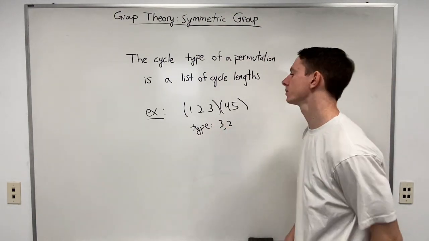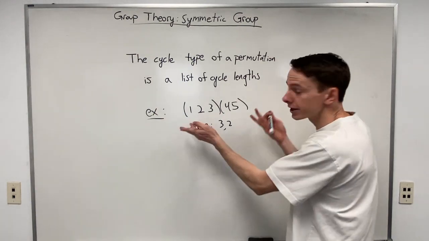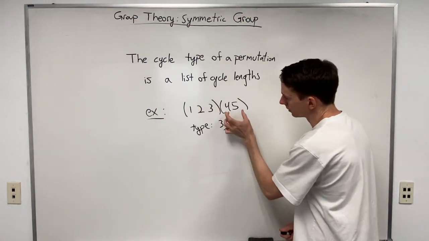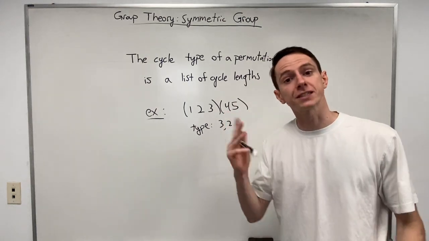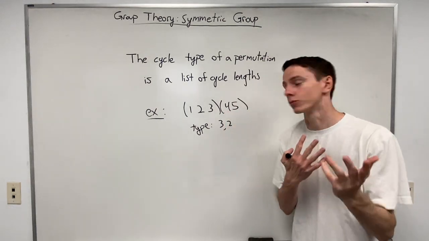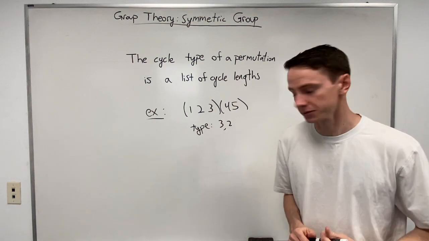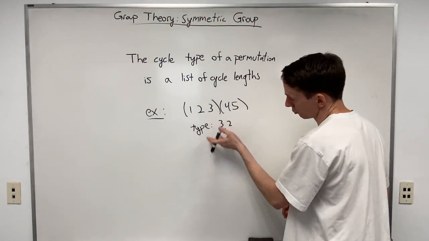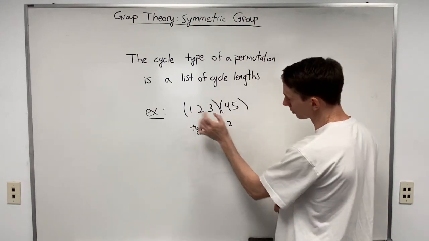So here would be an example of it, where this is written in disjoint cycle notation, and we have a 3 cycle and also a 2 cycle, or a transposition, right? That's another word that we use to describe 2 cycles. So we would say that this cycle type is type 3, 2, because this is length 3, this is length 2, right?